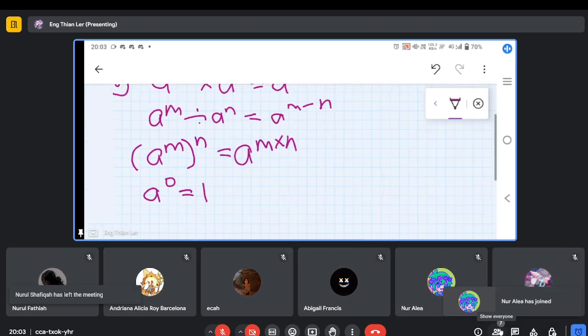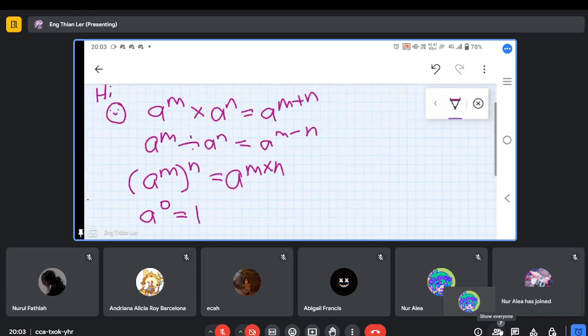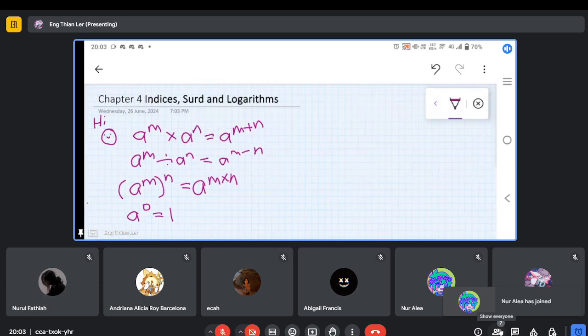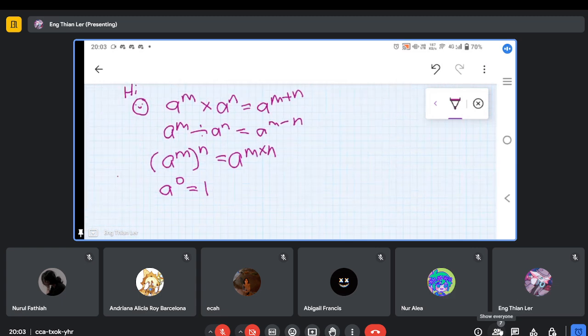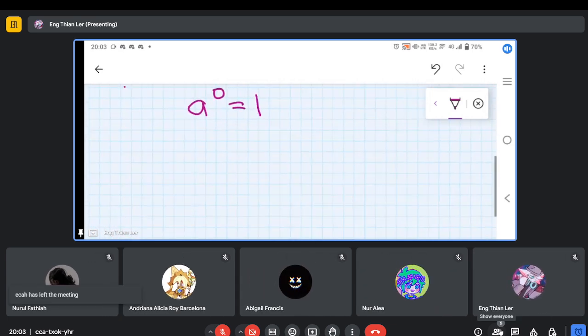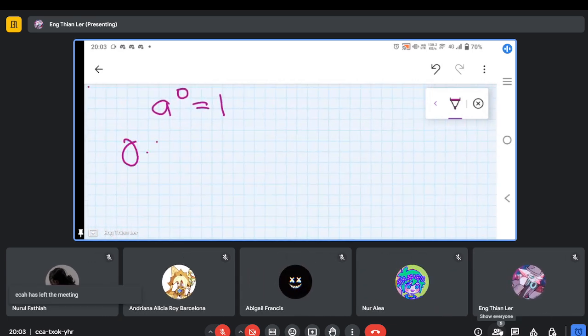Last week we also talked about how to convert recurring decimals into a single fraction. I will do a very quick example here, such as 0.161616 dot dot dot. This means it goes on forever.